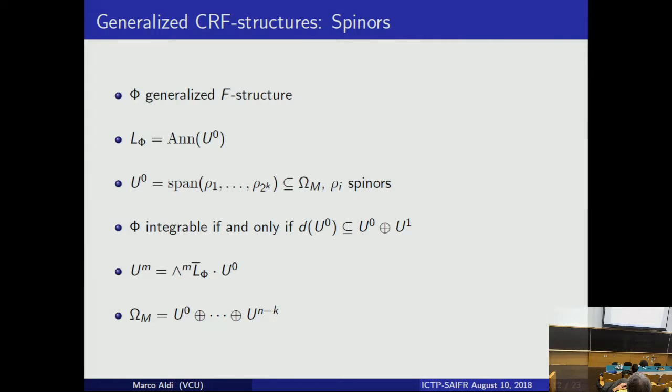And there are other equivalent conditions. So in the generalized complex case, you have that a structure is integrable if and only if one is the condition that we saw before, that the U0 is inside U1.